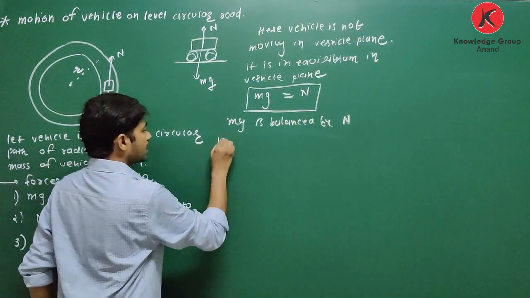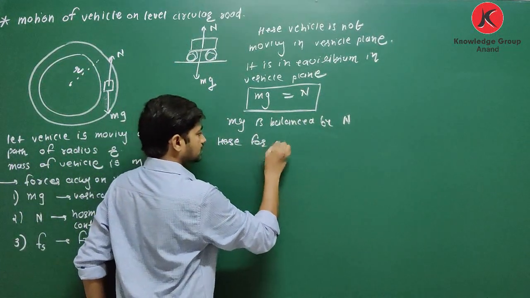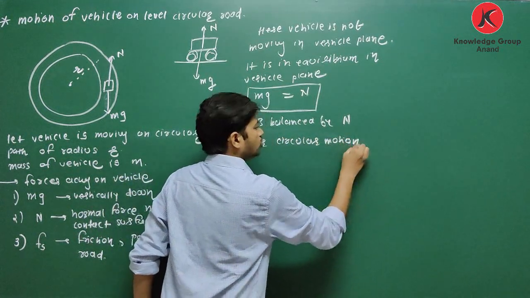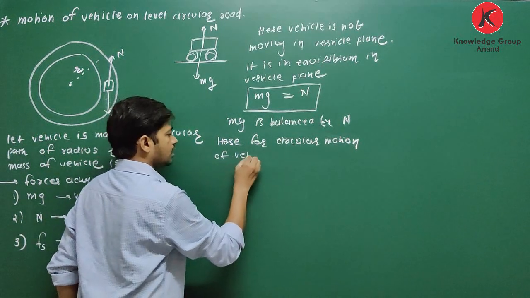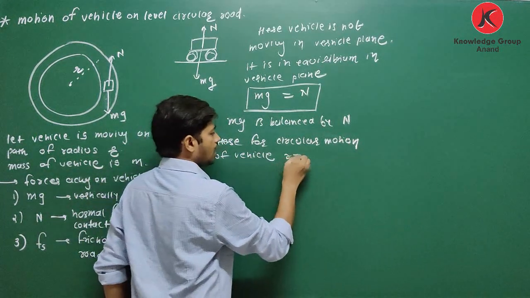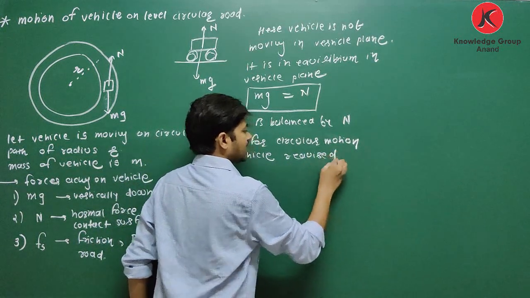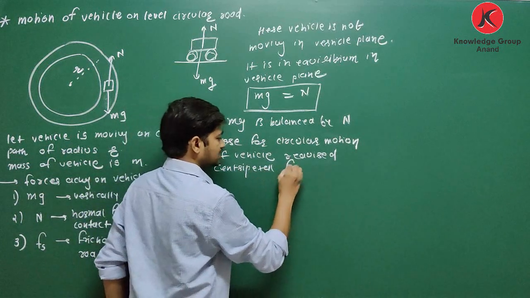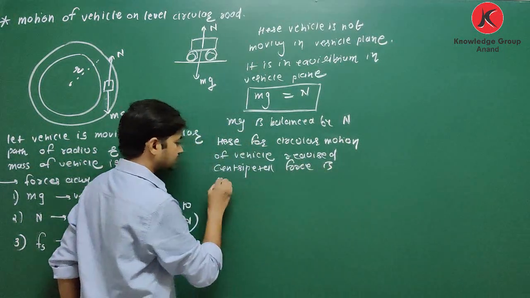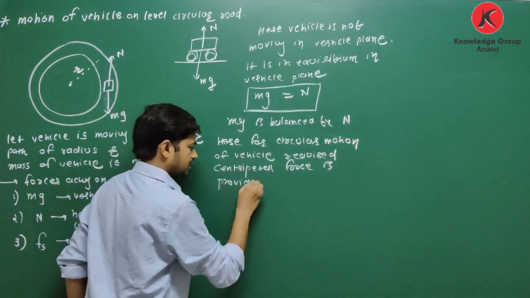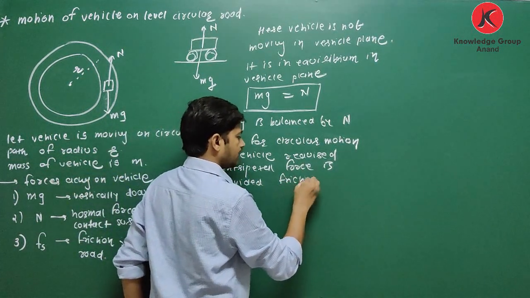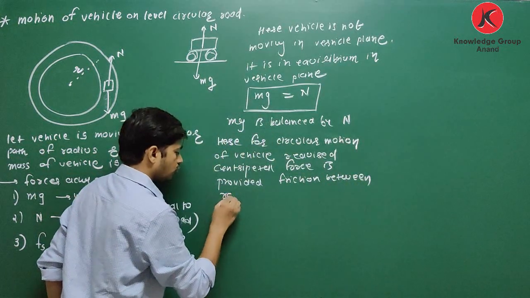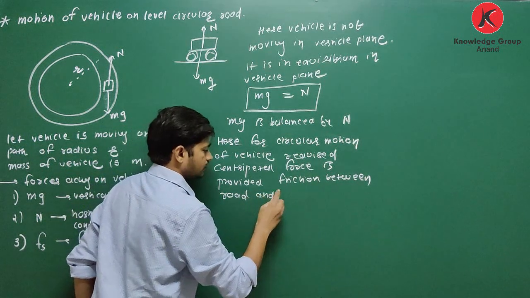So here, for circular motion of the vehicle, the required centripetal force is provided by friction between road and wheel.